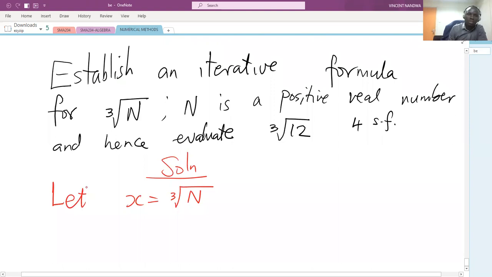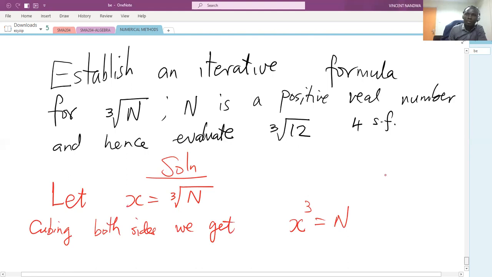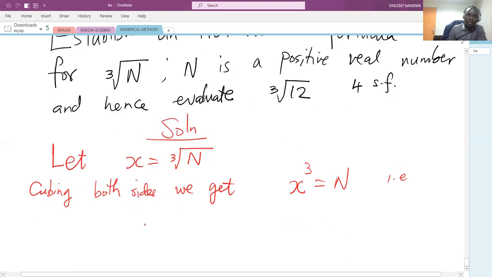This means cubing both sides, we get x to the power 3 equals n, i.e. x cubed minus n equals 0. I'll call this equation 1.